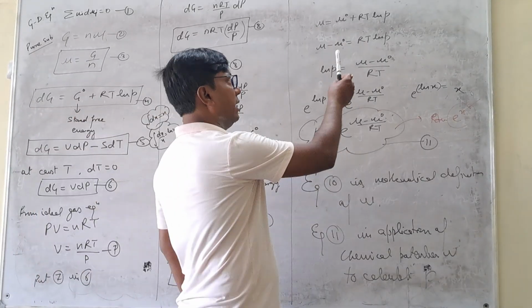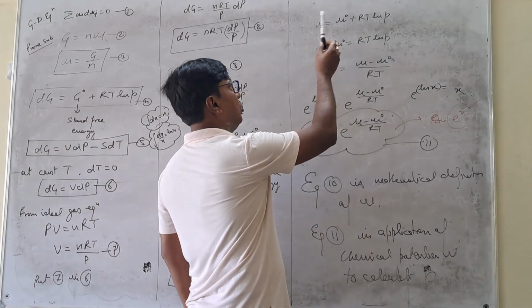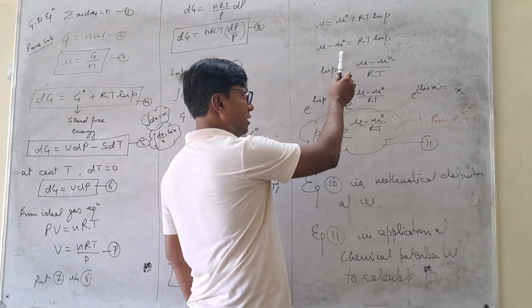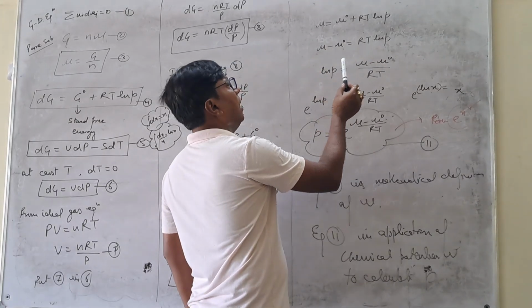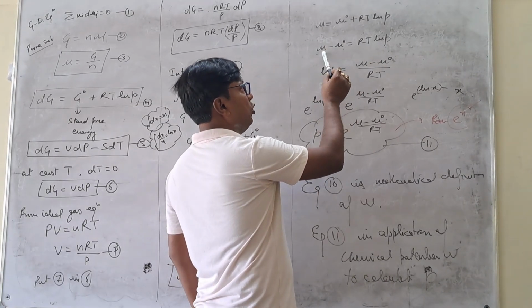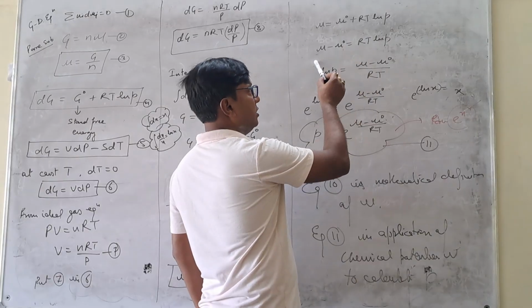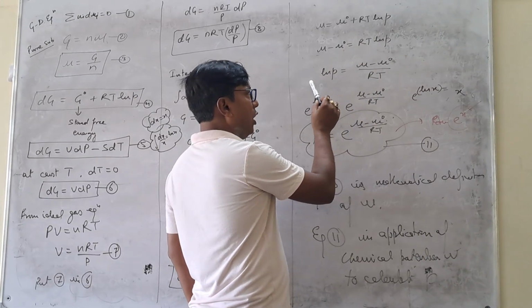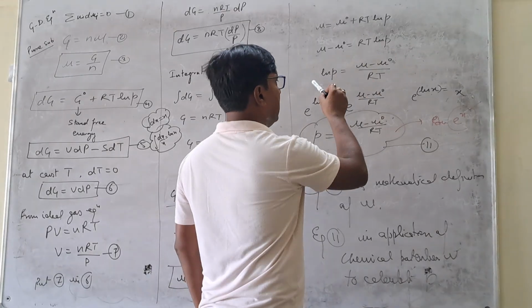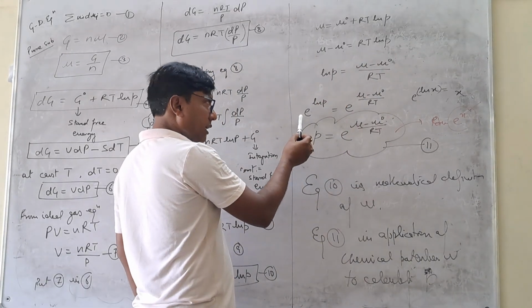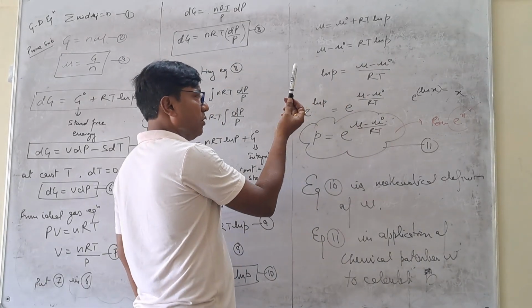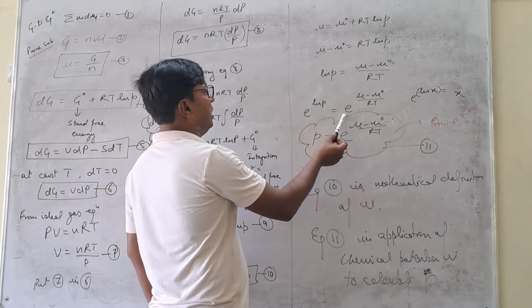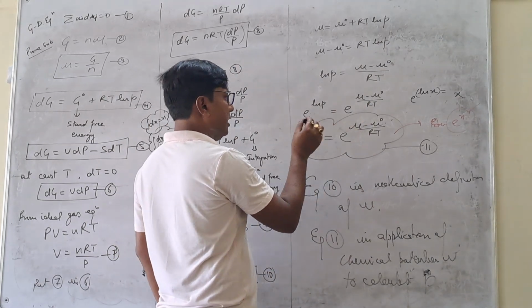Equation 10 can again be rearranged, transferring mu naught to the left hand side: mu minus mu naught is equal to RT ln P. So ln P is equal to mu minus mu naught upon RT, moving RT to the other side. Now taking both sides as a power of e, that is exponential, e to the power ln P equals e to the power of mu minus mu naught upon RT.